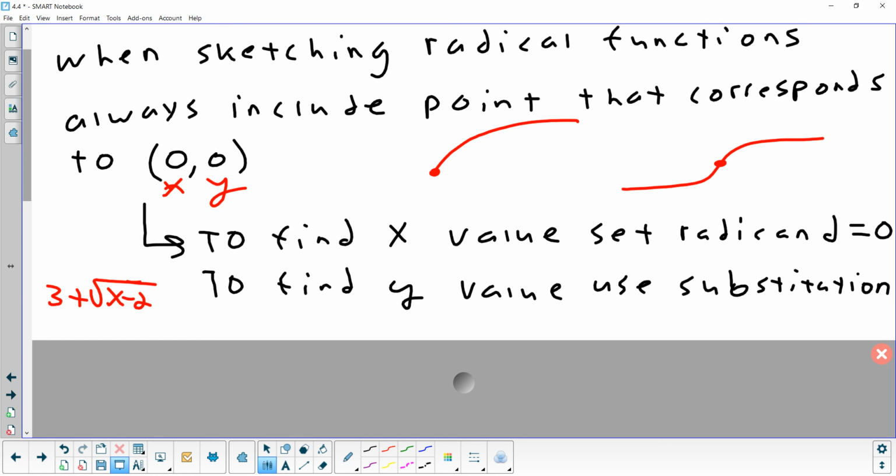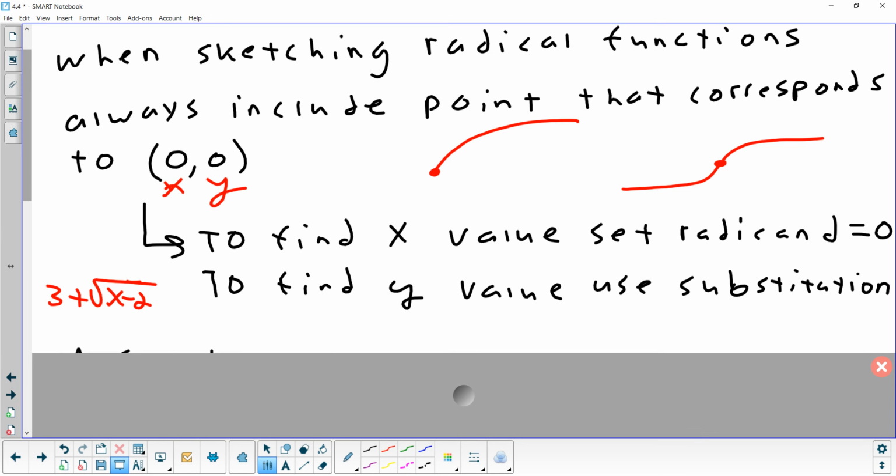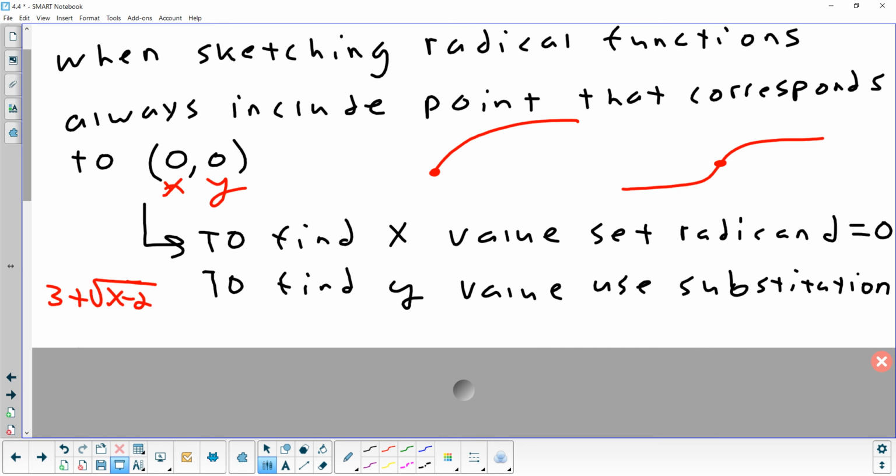Now you could just kind of think about it. It's been shifted right 2 up 3. So your starting point now is 2, 3. But if the transformation confuses you, the very mathematical way to do it is just set your radicand equal to 0 and solve.